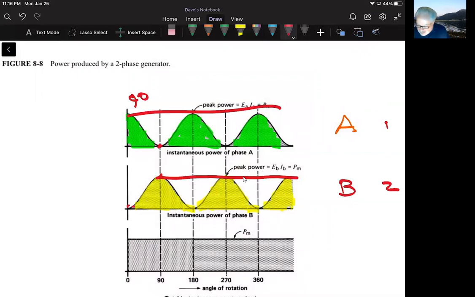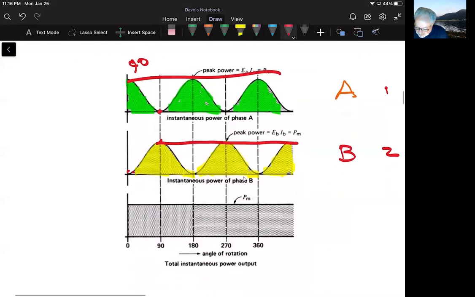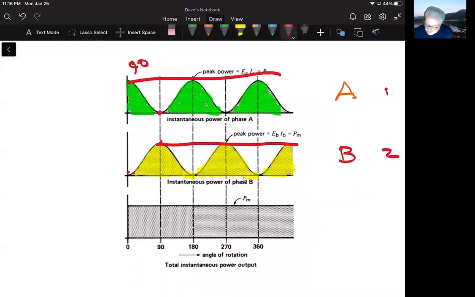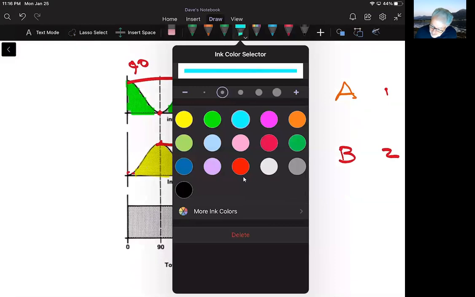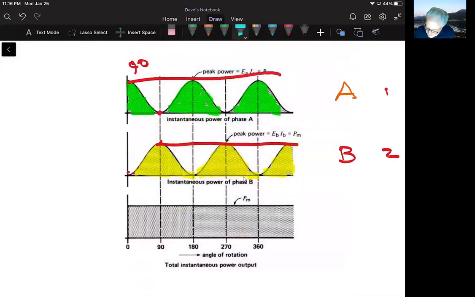If we looked at the total power output of this, what we would find is that the total power output of the two phases now would be equal to the maximum power of one phase.